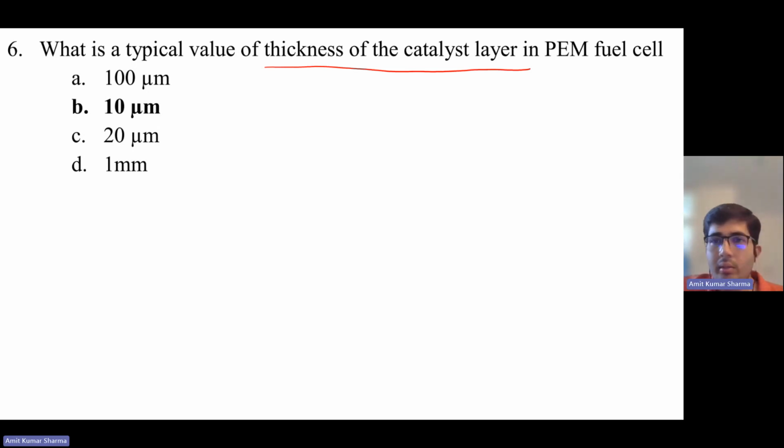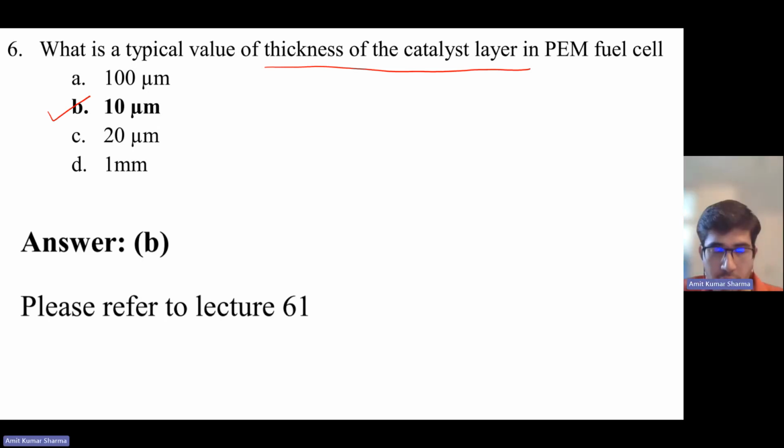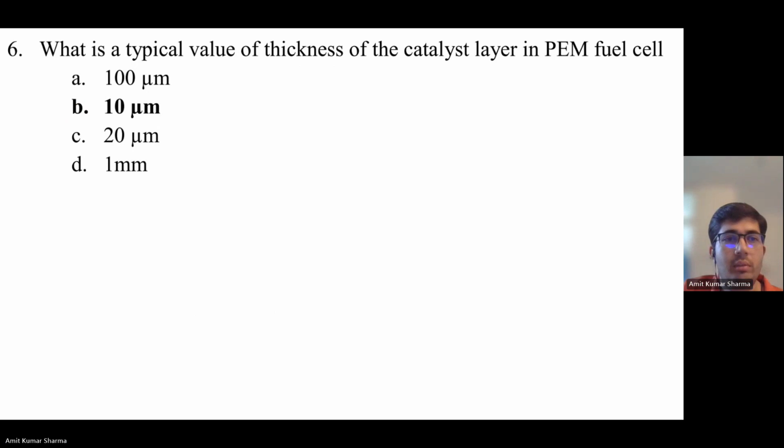So the correct answer is option B. So the thickness of the catalyst layer in a PEM fuel cell is 10 micrometer. Okay. For more detail, you can refer to lecture 61. Let's go to another question.